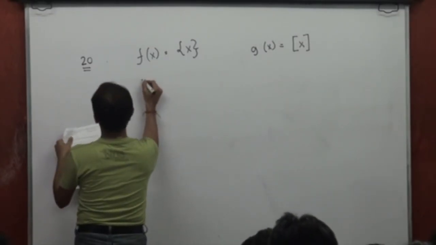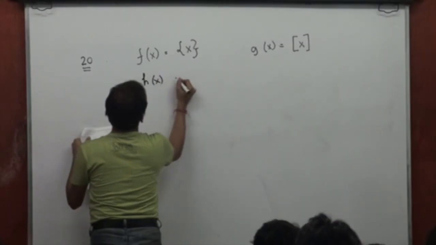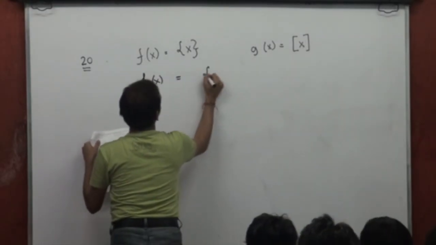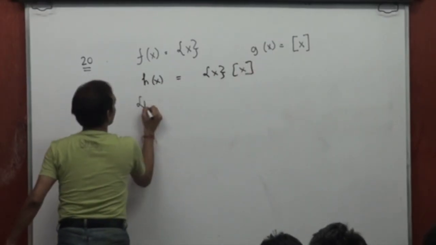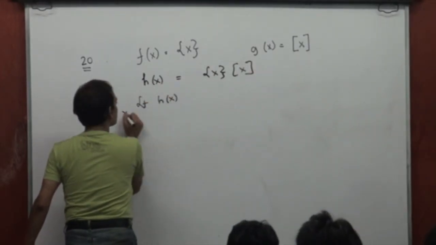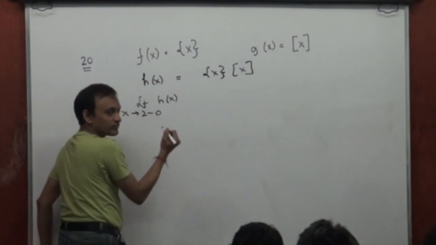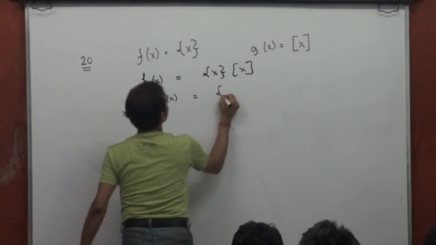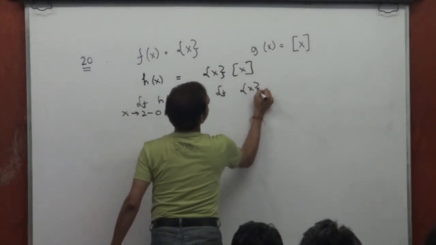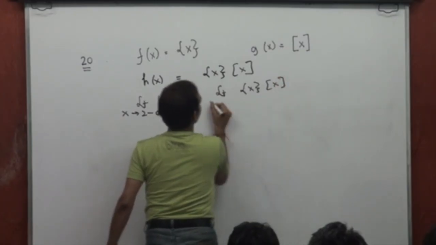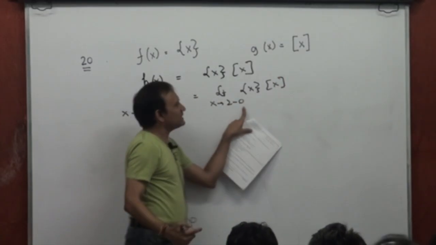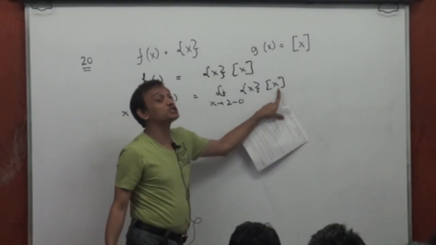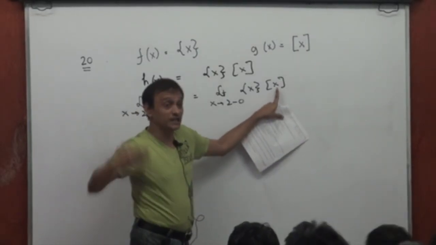Okay, same h(x) at x equal to 2. Limit h(x), x tends to 2 from the less than 2 side is limit fractional part of x into box x. When x is slightly less than 2, box x is identically equal to 1.